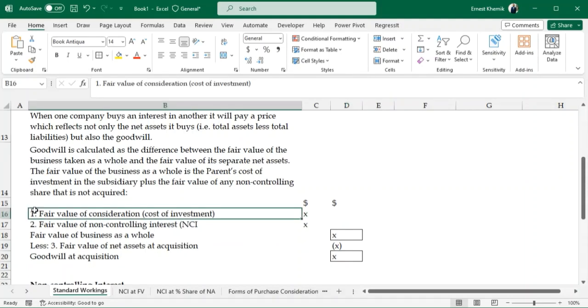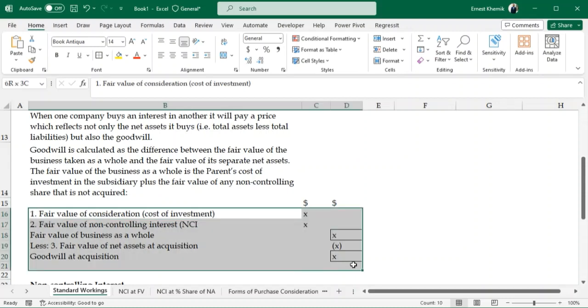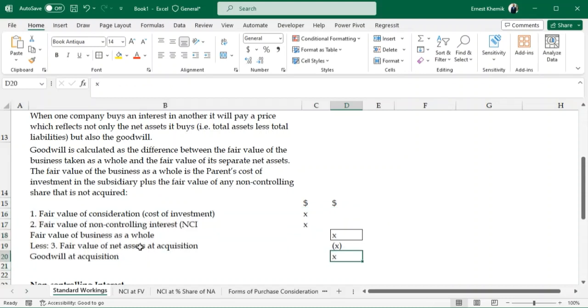Now, the goodwill definition and formats that we have here might instigate some form of questions. Maybe you might be asking, what if the value of the net assets, the fair value of the identifiable net assets of the business, exceeds the fair value of the business as a whole?